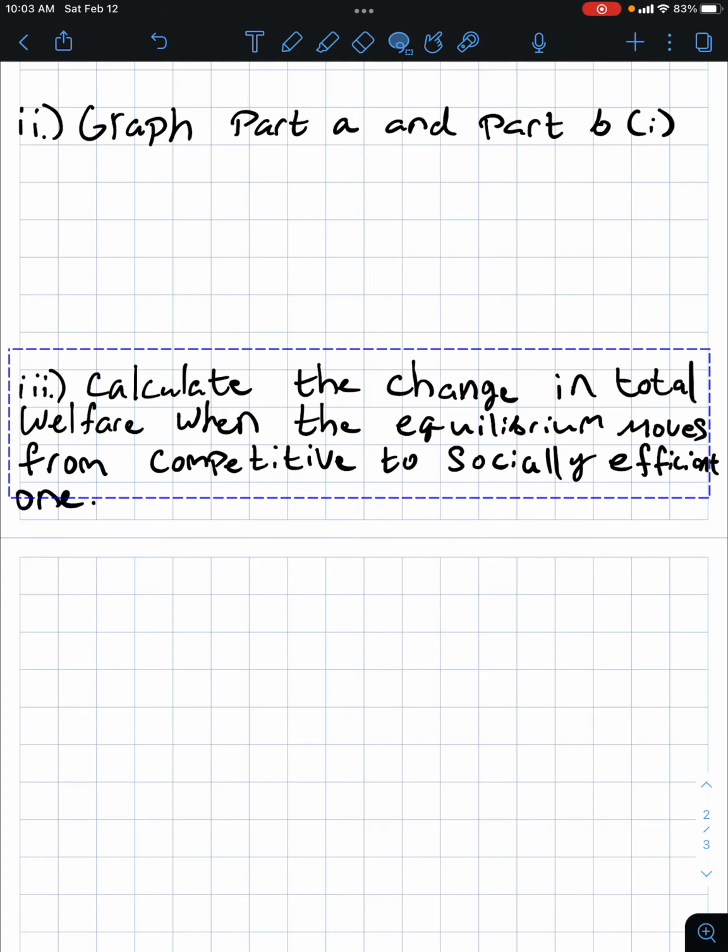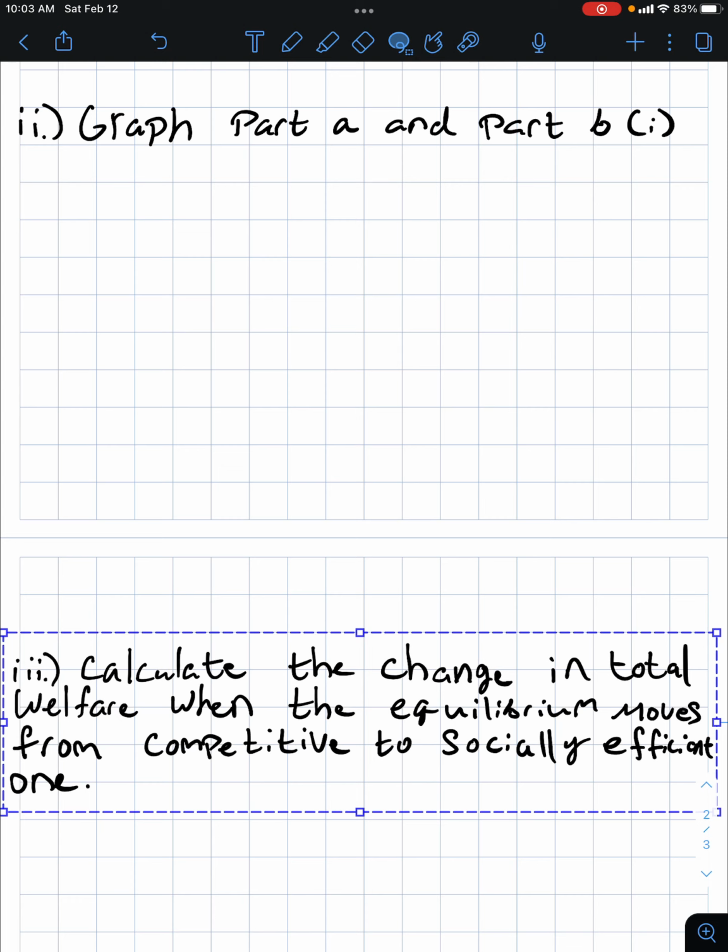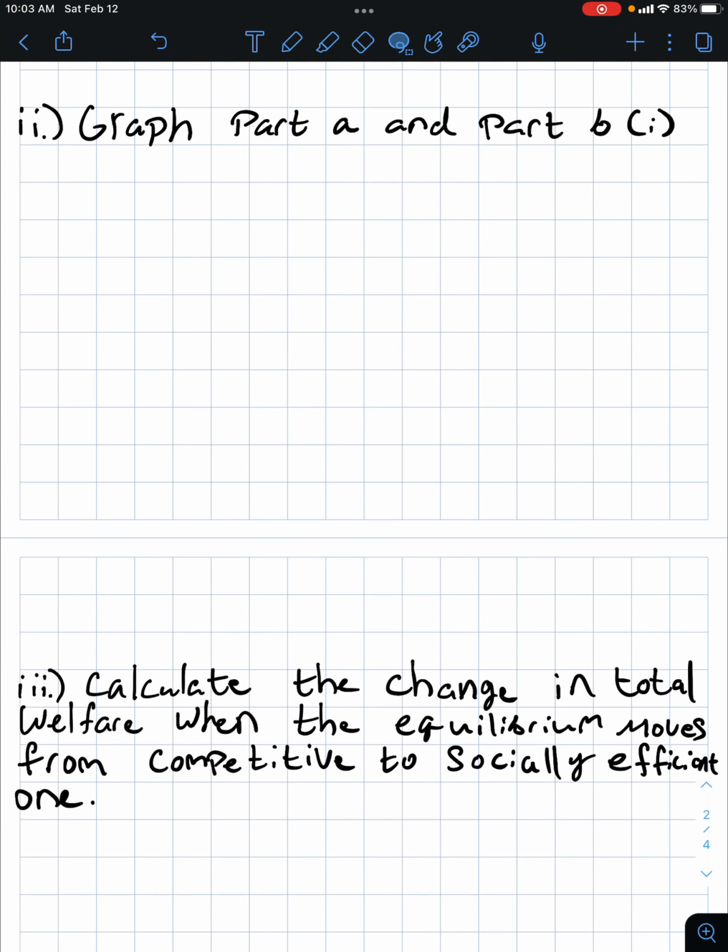Now, graph part A and part B1. So to do that, let's first draw some lines. Alright, so on our x-axis we're going to have quantity, and on our y-axis we're going to have price. We're given an inverse demand.